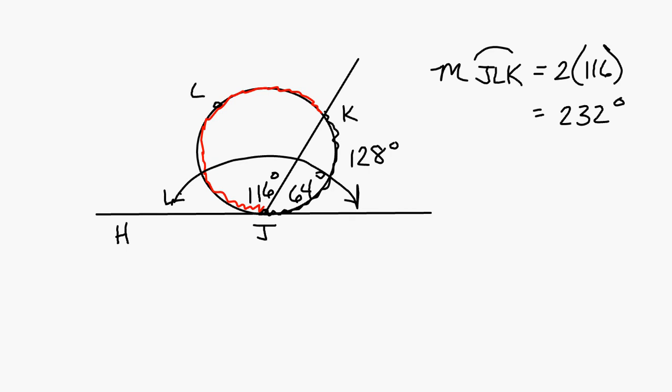The third theorem you're going to have to know this week is on the bottom of page 743. There are 3 different situations, but in all 3, the angle formed by the secants or tangents is outside the circle.